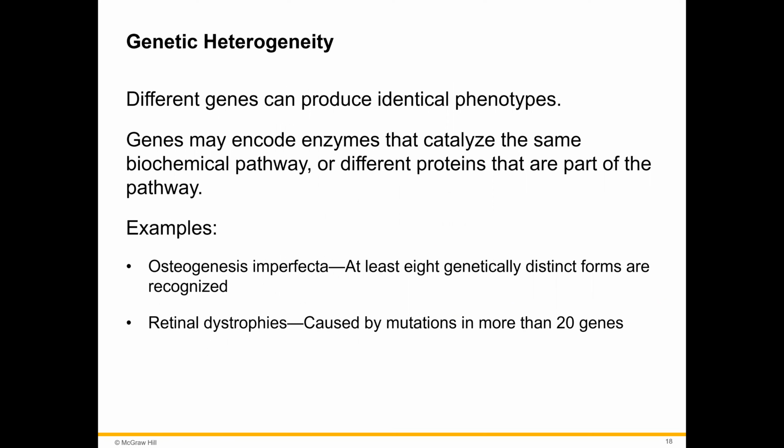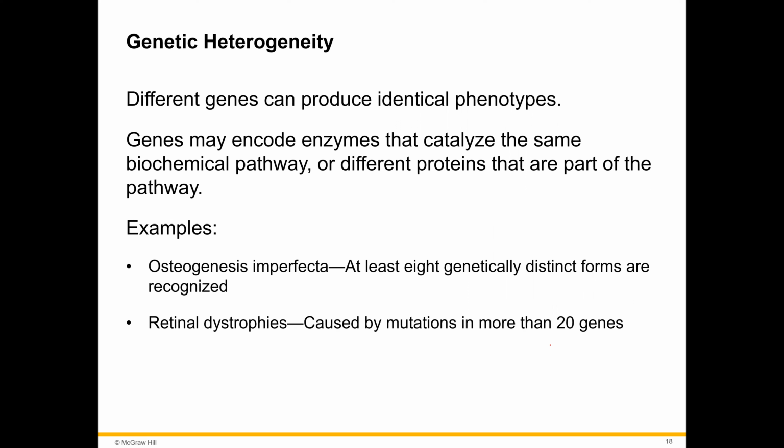If the production of collagen is altered because of different genes, because different genes produce the intermediate enzymes that catalyze the process of collagen formation, then we have at least 8 genetically distinct forms of osteogenesis imperfecta. And retinal dystrophy is another example, caused by mutation in more than 20 genes.